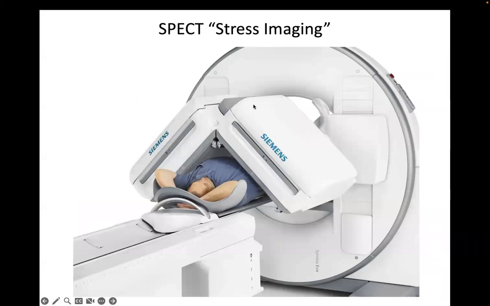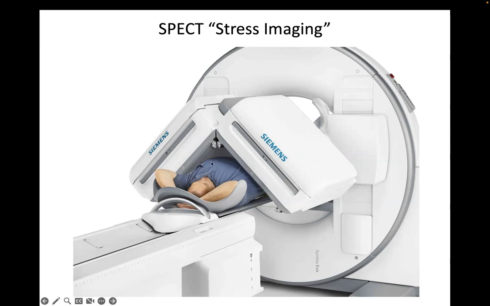So this is the geometry of a modern SPECT scanner used for cardiac imaging. The detectors that will detect those gamma rays coming out are organized to wrap around the patient as much as possible. And then this whole gantry can rotate freely around the patient to get different angular views.